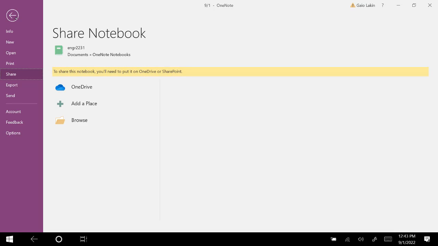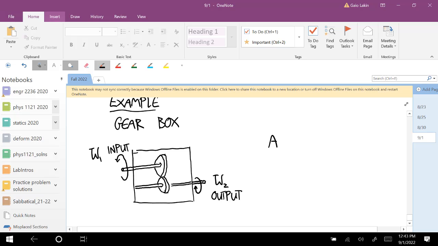The cross-sectional area of the outside of this box that's exposed to the air is 1 meter squared. So that's the area of the box that's exposed to the air.